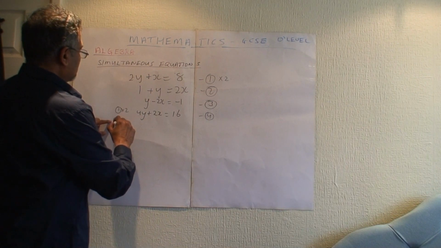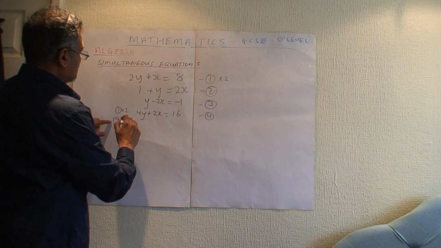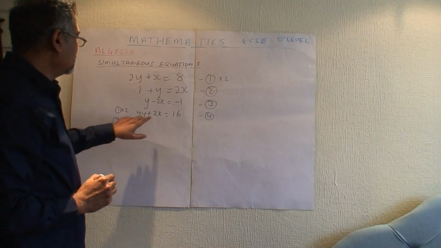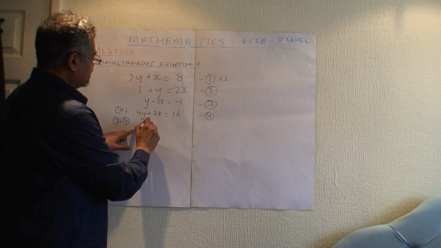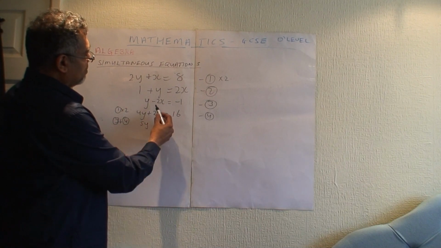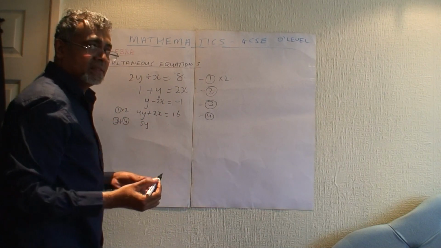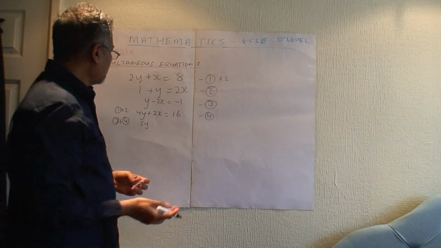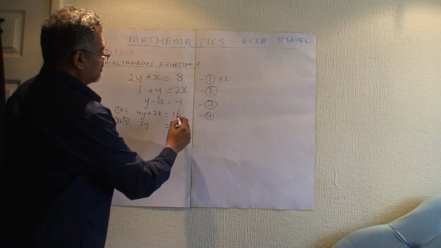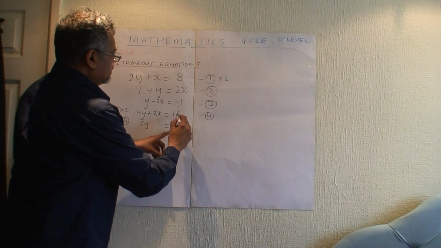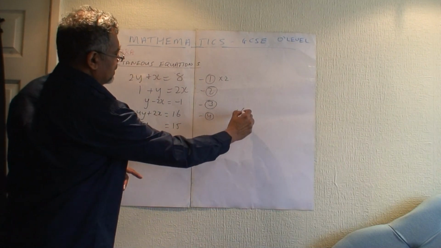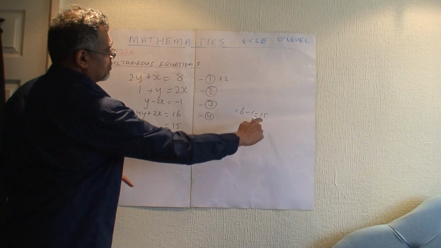So we take equation 3 plus the fourth one. So y plus 4y is 5y. Negative 2 plus 2 is 0. Negative 1 plus 16 is 15. It's the same as saying 16 minus 1, that's 15.